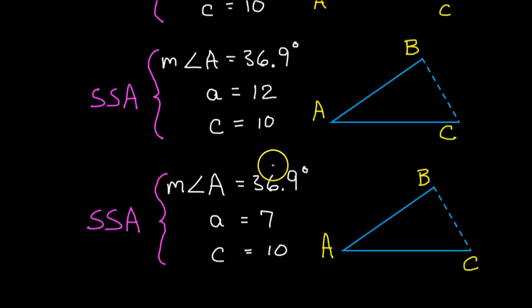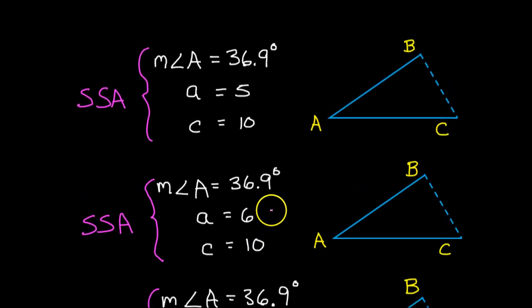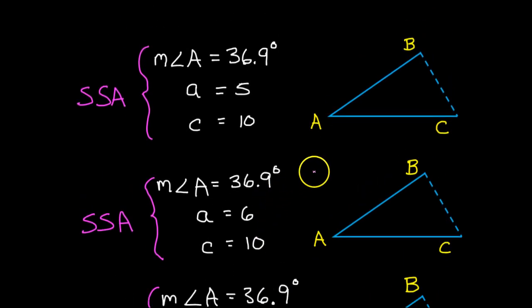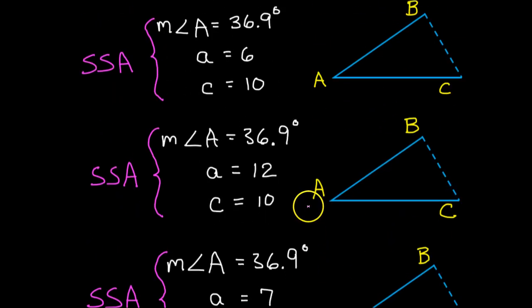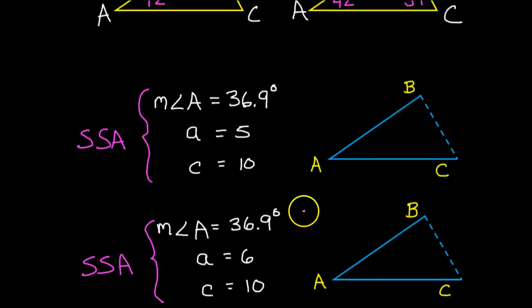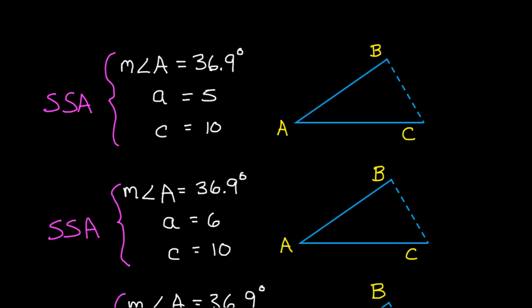But you're going to find out that even though I'm giving you those same three pieces of information, it's going to turn out completely differently in all four of these cases. In fact, it's going to be so wild that I can't even draw in the third side. I have to leave it this temporary dotted line because we don't even know what's going to go down. Alright, well, let's get started.